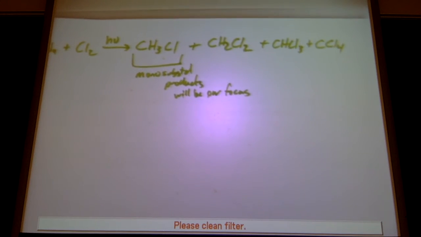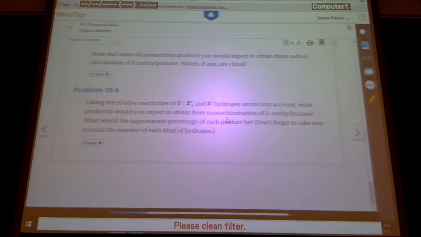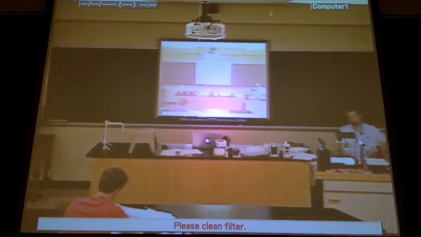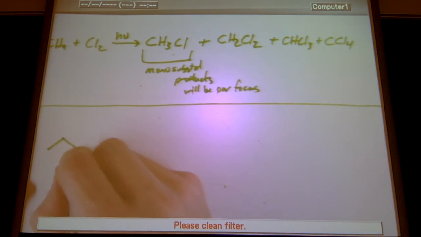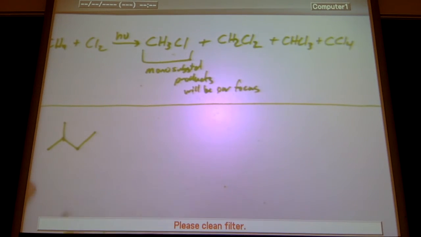So to draw the products of this reaction, you'll need to replace each type of hydrogen with the respective halogen. So we're going to look at 2-methylbutane. Let's go ahead and draw it out.